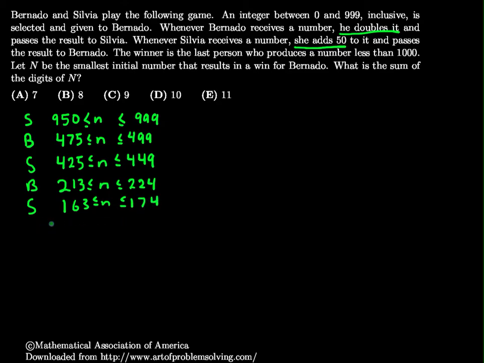And we're going to divide that by 2, because that's what Bernardo would have got before I passed it in, so I have to round this one up. So 163 divided by 2 is a decimal, but 164 divided by 2 will give me 82. Less than or equal to n, less than or equal to, I need to round this one down when I divide, and let's see, that's going to give me 87.